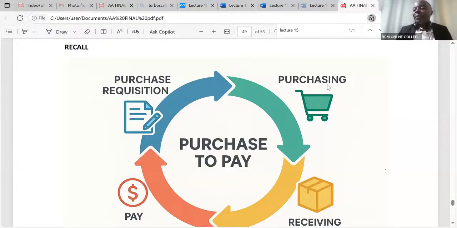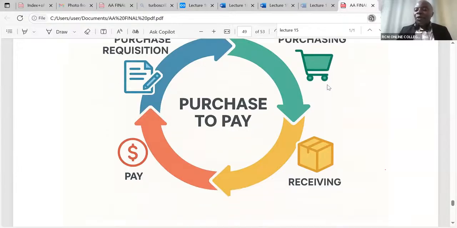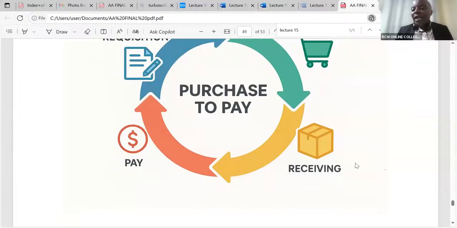Once this supplier gets a purchase order, they'll be able to bring goods. As they bring goods here, the warehouse master should be armed with what we call a goods received note, which should also be pre-numbered sequentially.